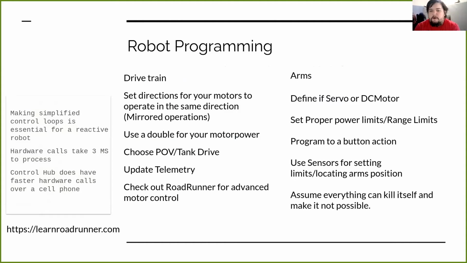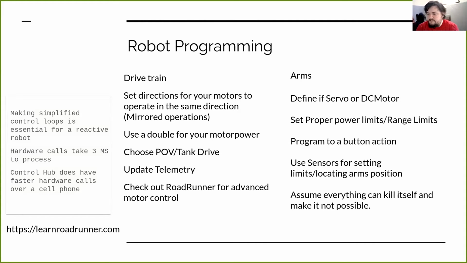All right, so let's talk about programming your robot more specifically now. We're going to separate this into drivetrain and then your arms. One of the things that I still need to learn better, so I apologize if the knowledge is lacking, is properly leveraging the SDK from FIRST.